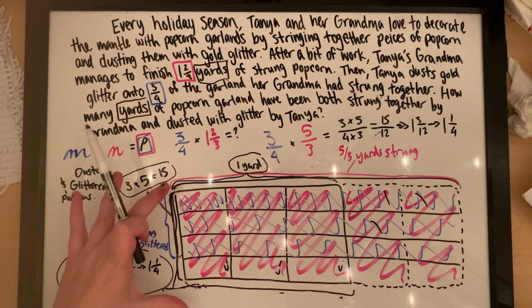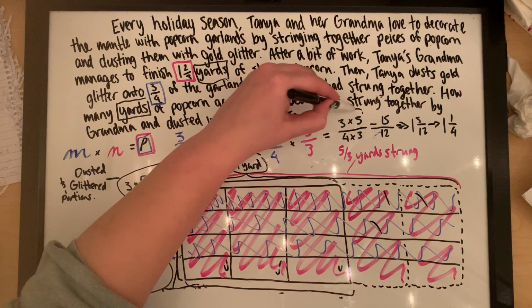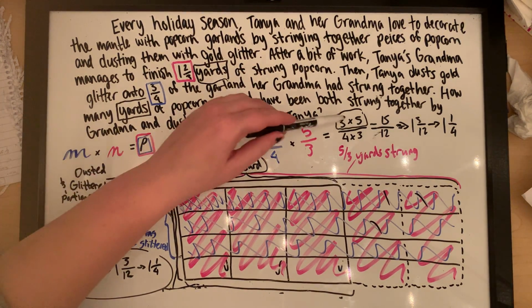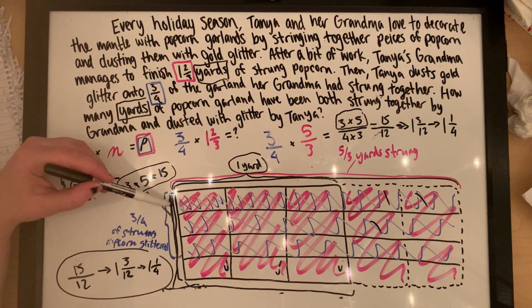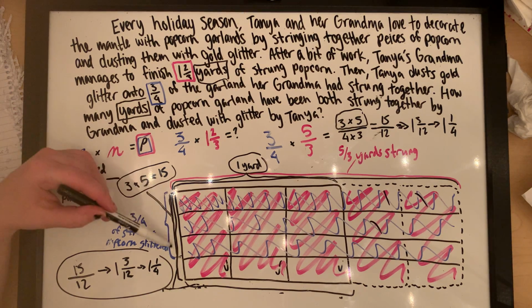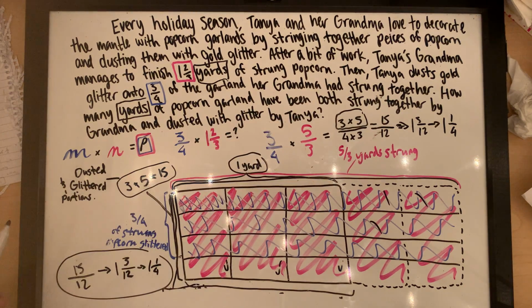So from our picture, we discovered that basically this operation right here is describing the portion that has been dusted and that has been both dusted and glittered. So three groups of 5, essentially giving us 15 portions that have been both dusted and glittered.